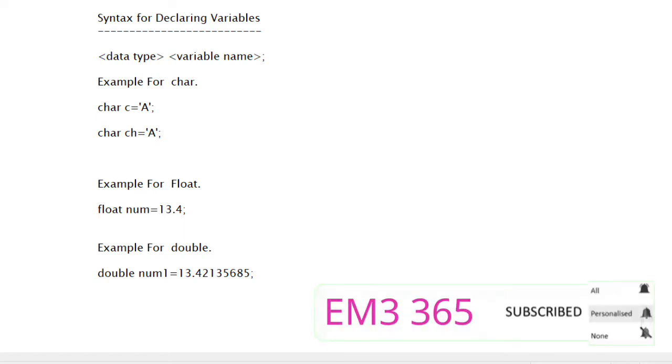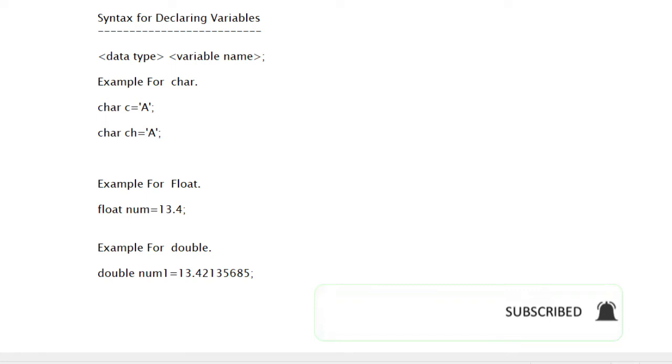And finally, I have assigned a value to that num variable. The value is 13.4. So 13.4 is a fractional number, a decimal number. This kind of number we can store by using the float data type. That's why it is given.